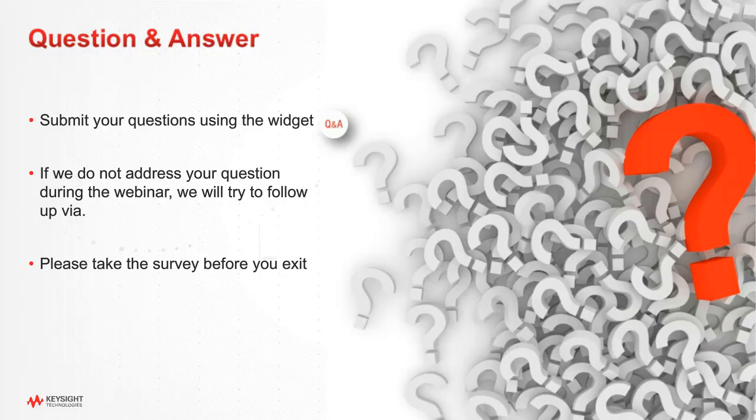So the answer is yes, Pascal. You can use the antiquated old E5071C to do the insertion loss measurements. We will still support that, although I strongly recommend you upgrade to the E5080B, Pascal. So great question.